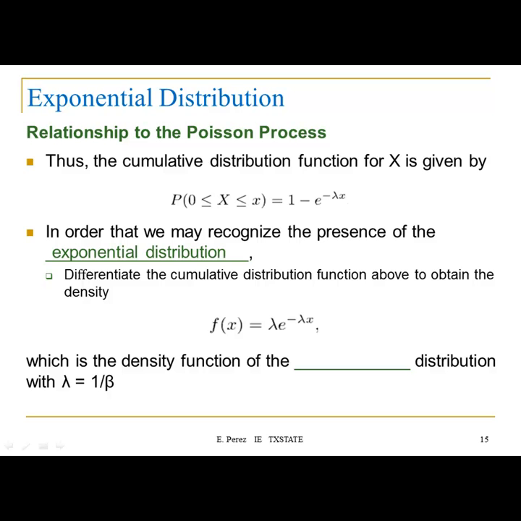This is going to be equal to e to the minus lambda x times minus lambda, and 0 minus that. This is going to be equal to lambda e to the minus lambda x, which is right here.